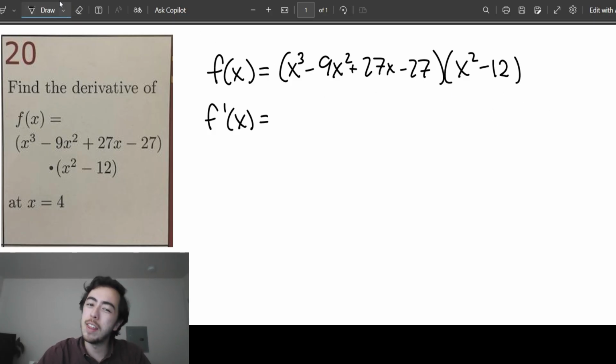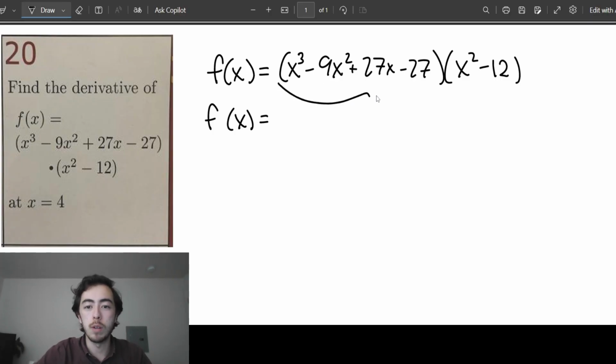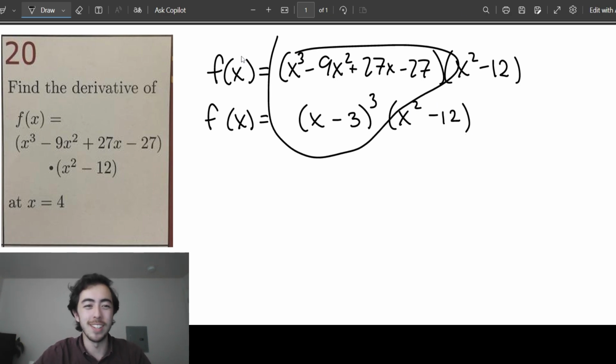Though I think it might be easier actually to rename this cubic right here. The only reason why I'm spotting it this quickly is because I did work on a problem a few days ago that had this exact cubic in it. I believe this is x minus 3 cubed. If you want to fact check me on that, you totally can, on your own time, because I'm pretty sure that these two things are equal.